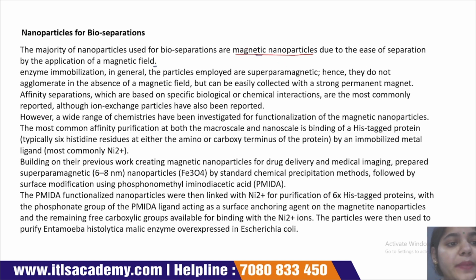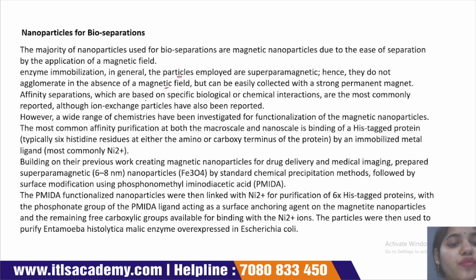Due to ease of separation by the application of magnetic enzyme immobilization, in general the particles employed are superparamagnetic, hence they do not aggregate in the absence of a magnetic field and can easily be collected with a strong permanent magnet.